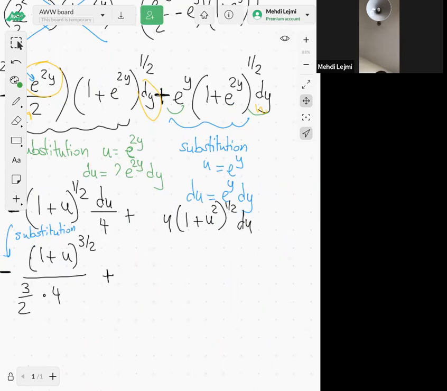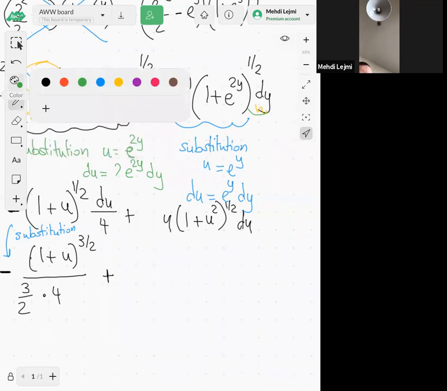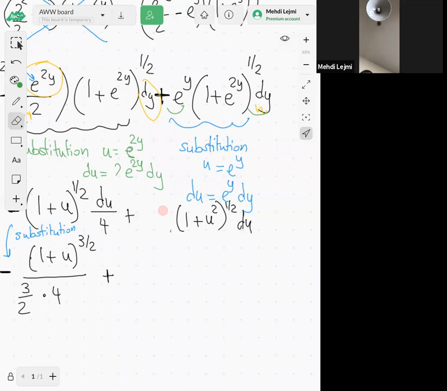So here, if you say u is equal to e to the y, then du is e to the y dy. So that will be, there's no u here, right? Sorry, there's no u here. Should be 1 plus u squared to the power half du. But that's a problem because we're going to need the u outside, right?